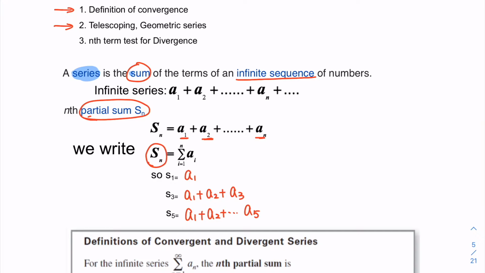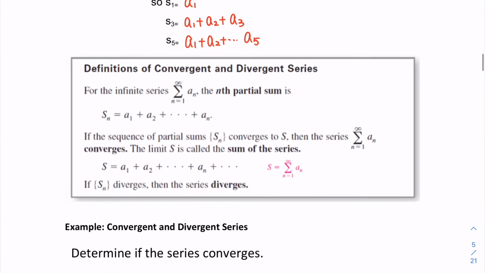So the series, keep in mind, is the sum of the terms. Let's look at the definition of convergent and divergent series. For an infinite series, the sum from n equals 1 to infinity of a of n, the nth partial sum is the sum of the first n terms.